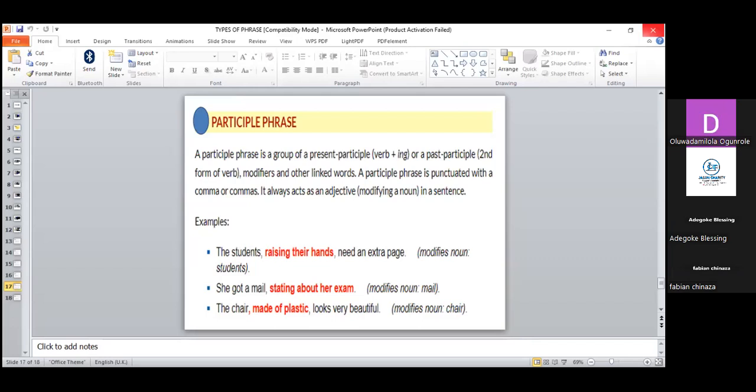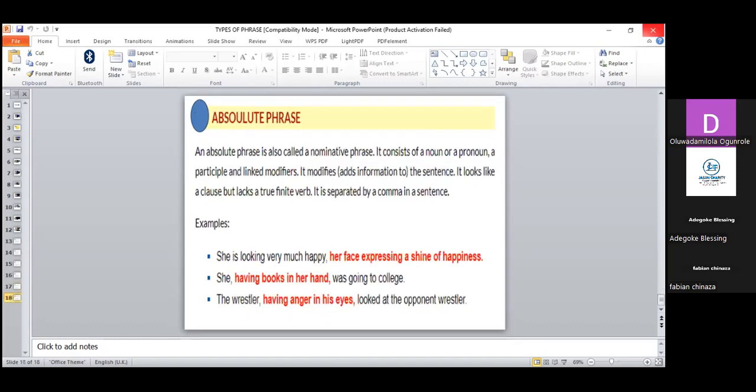So this type of formation may come when we realize that we cannot just use a single word to express what we have in mind. And lastly, for today, we'll talk about the absolute phrase. Another name for the absolute phrase is the nominative phrase.